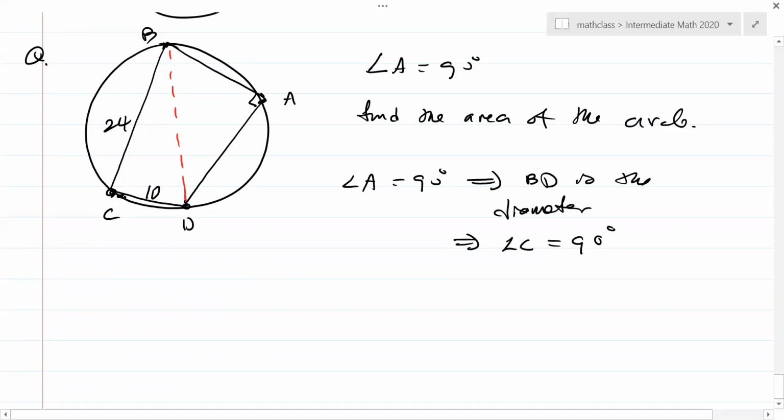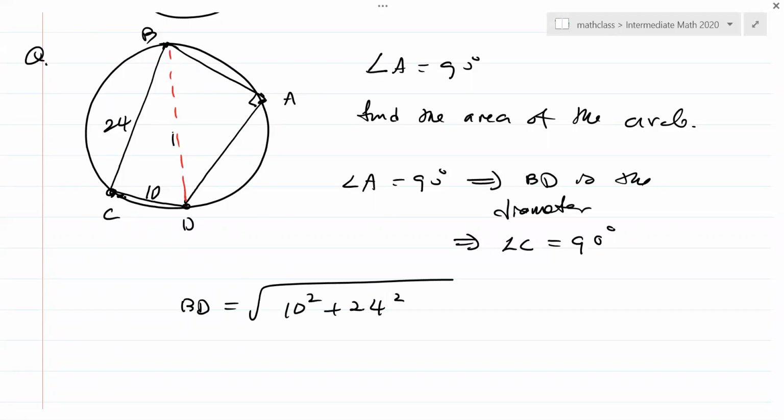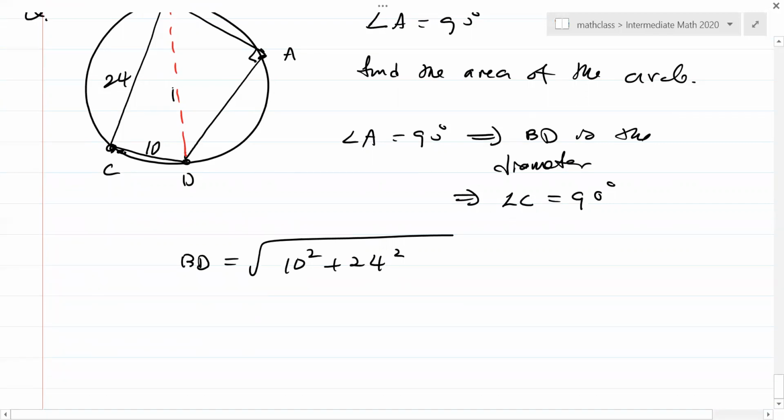Then can you figure out the diameter? So BD by the Pythagorean theorem is the square root of 10 squared plus 24 squared, that is going to be 13 times 2, 26.